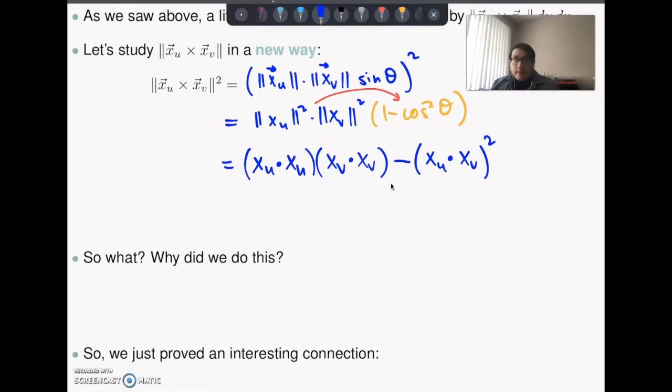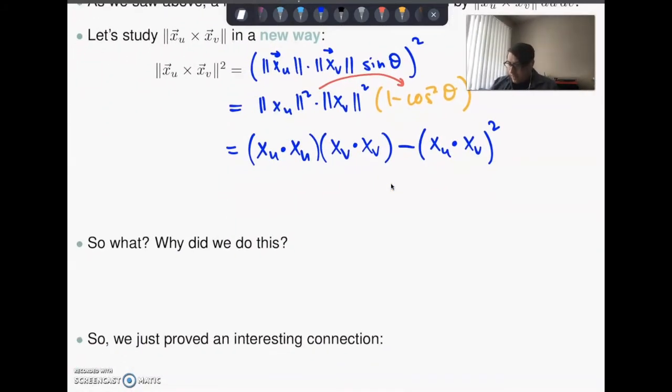So why did I do this? The reason is we can reinterpret this in a cool way as follows. Namely the square of this vector is equal to the determinant of a certain matrix, which let's write as xu dot xu.